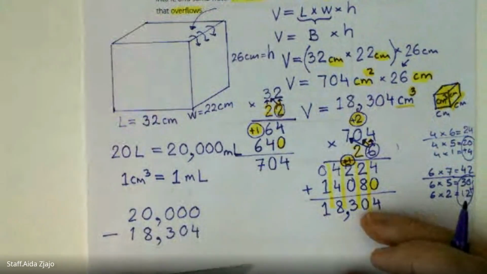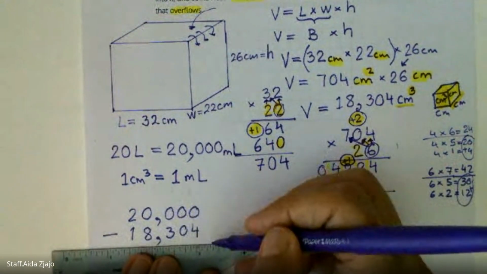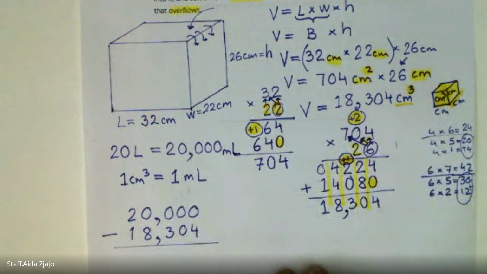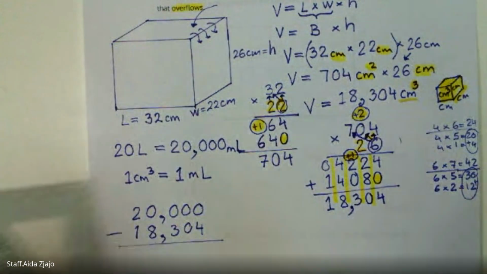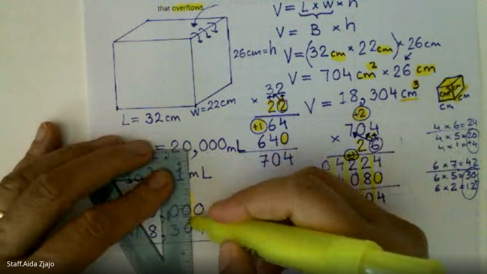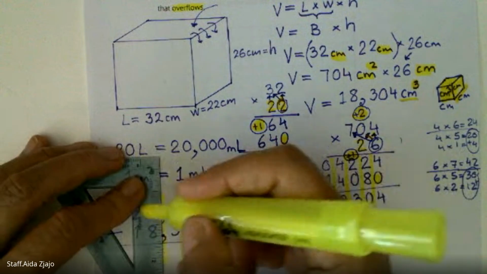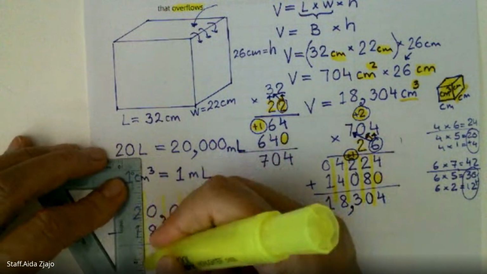So we need to subtract in order to find how much water overflowed. I like to use highlighters to make sure that we have the place values done correctly.